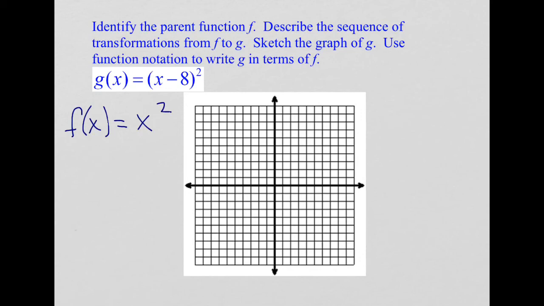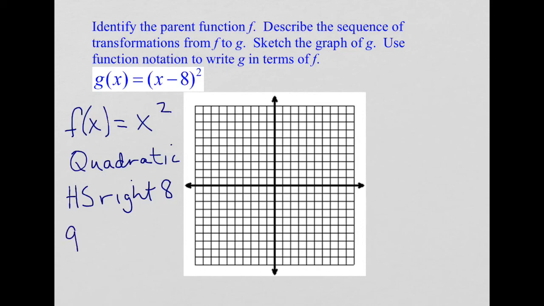Okay, so that means that we have a quadratic with a horizontal shift right 8. Okay, and that gives me the new function g of x is equal to f of x minus 8 squared.